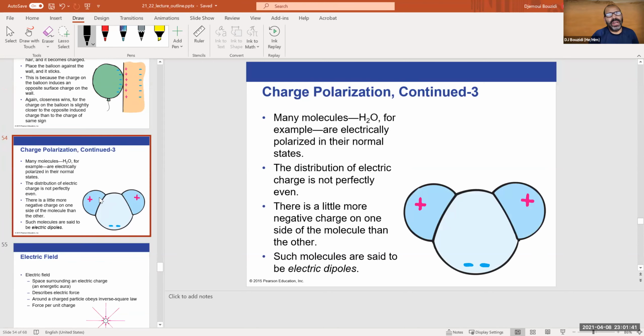Well, polarization is a very important aspect, not just for electrostatics, but for the stability of molecules. This is how water actually is water at room temperature. Water, if you think about it, is a lot lighter than carbon dioxide. Carbon dioxide is made up of two oxygen atoms, which are heavy. Each one of them is 16 nucleons, 8 protons and 8 neutrons.